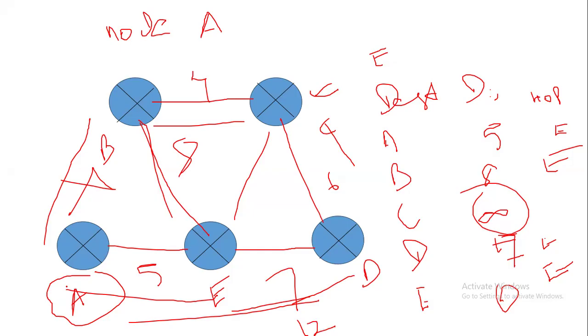Then again A to B, 5 plus 8, 13. That information is going to be updated each and every time. So that is what happens in distance vector. They are sending the routing information to directly connected networks. So I hope you got this point.